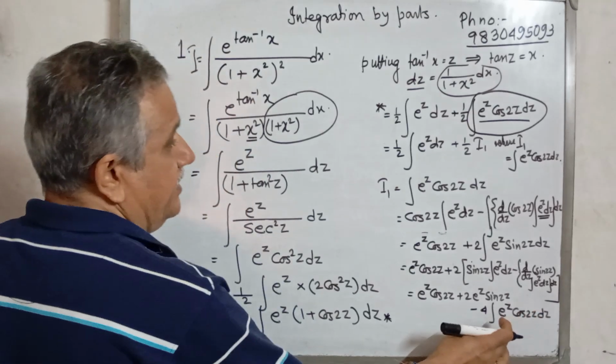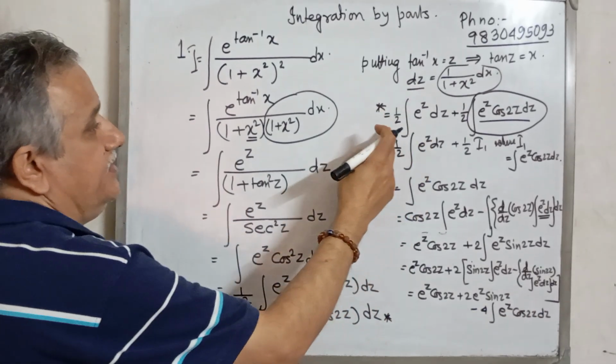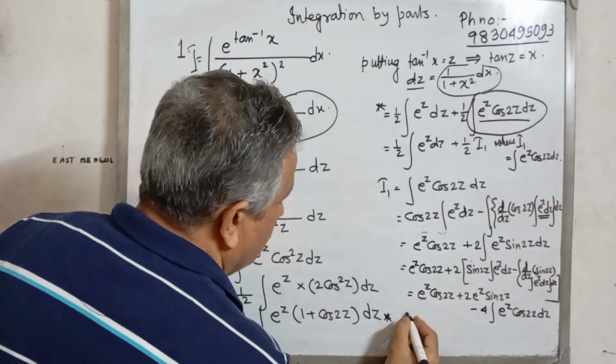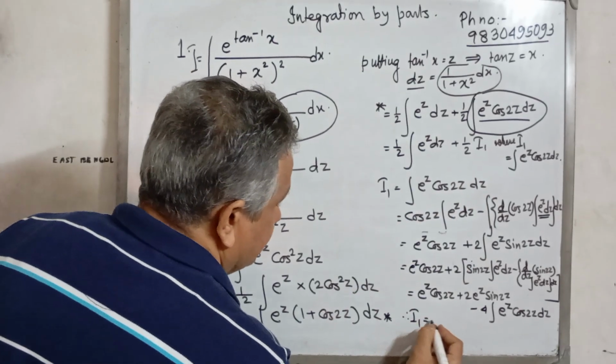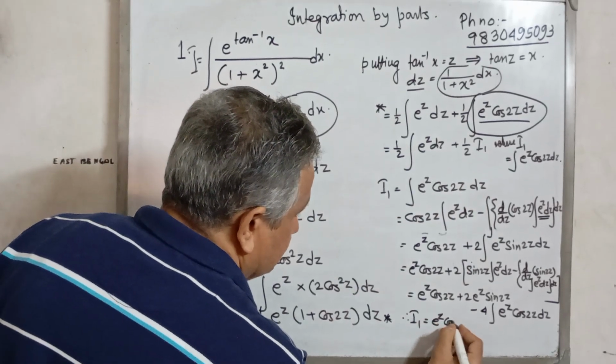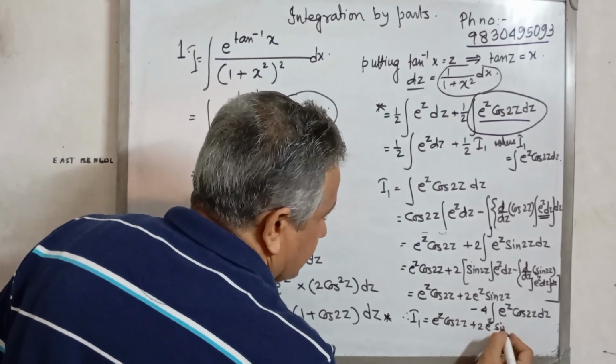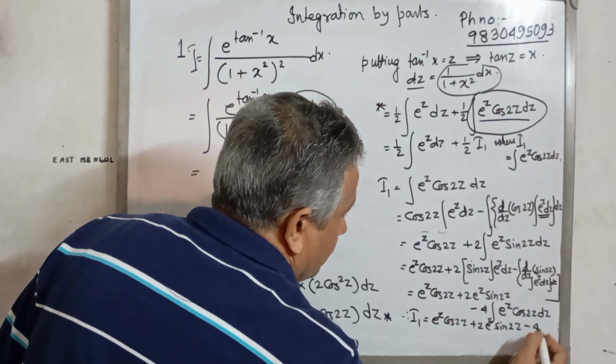Now we can put it here as I1 because we are taking I1 as e to the power z cos 2z. So I1 becomes e to the power z cos 2z plus 2 e to the power z sin 2z minus 4 I1.